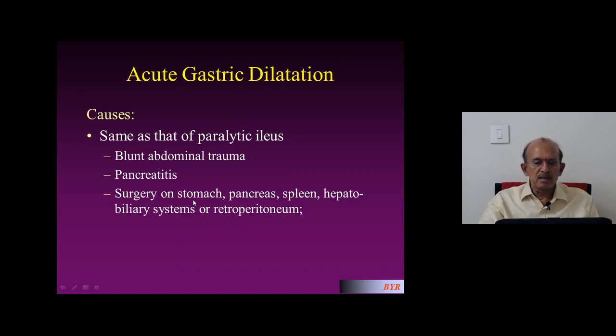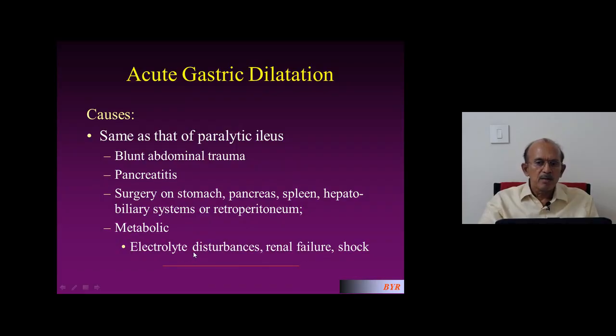So any surgery on the stomach or its neighboring organs can make the stomach go into dilatation. Then metabolic causes like electrolyte disturbances, renal failure, and shock. One electrolyte, either in excess or low, causes paresis of the bowels, including the stomach. Do you know that?